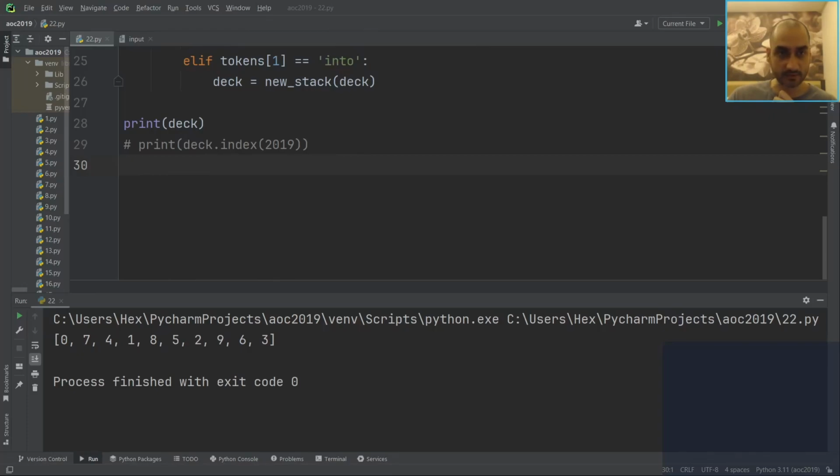Because that's the one that's confusing me. Deal the top card of the deck onto the top of the new stack repeatedly until you run out of cards. It is just reversing the deck, isn't it? Yeah.